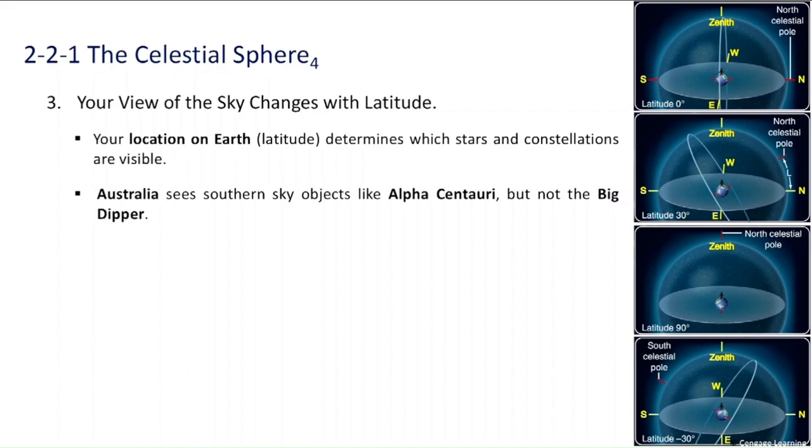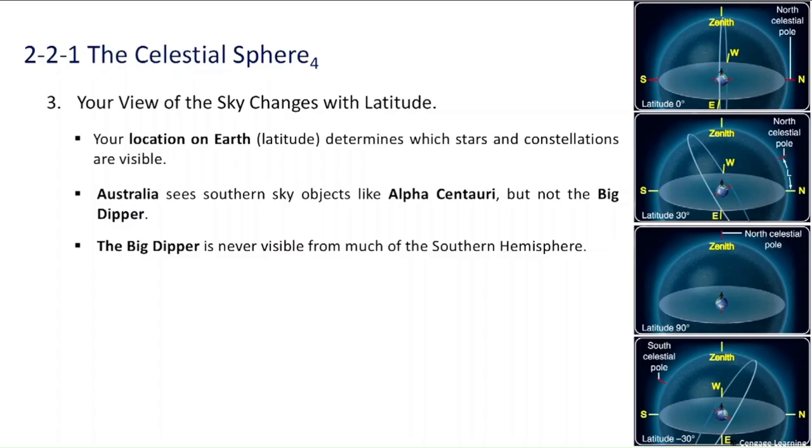Can you imagine looking up and missing a star pattern you know so well? Think about that. Some of the most famous constellations we learn about just are not visible in other parts of the world. So if you travel to the southern hemisphere, the Big Dipper would be a mystery.